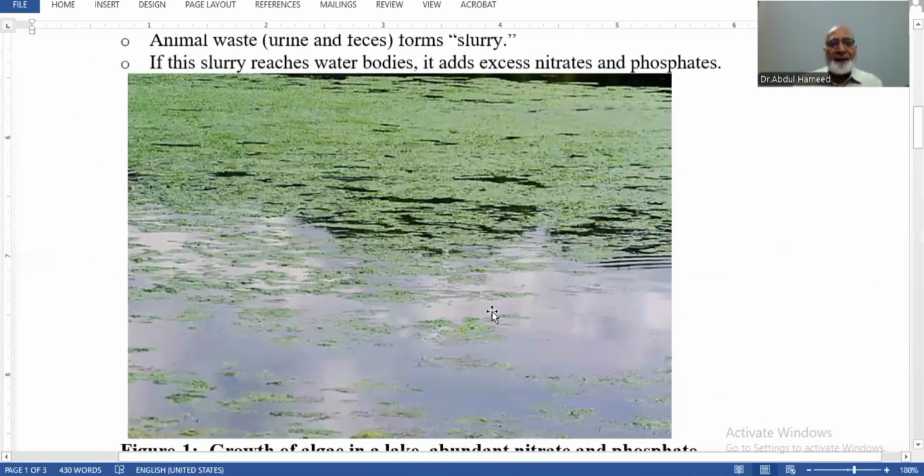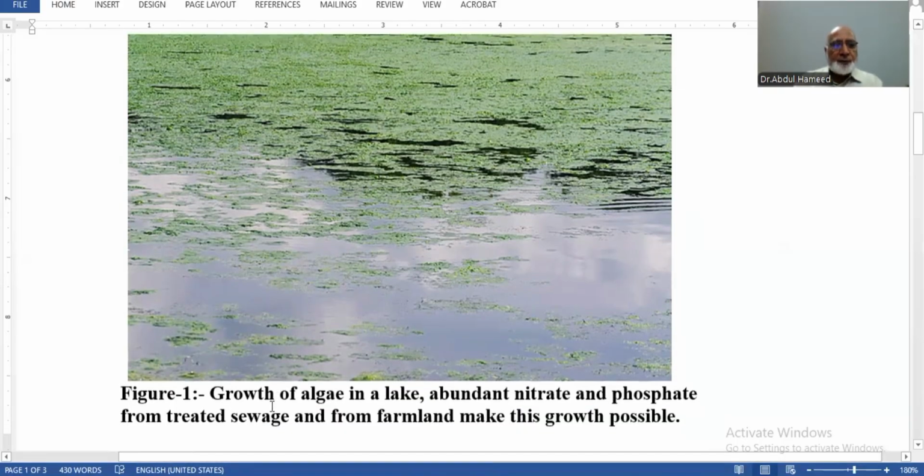There is pictorial evidence that this lake has nitrates and fertilizers in huge quantities, so there will be much more growth of algae and other aquatic photosynthetic organisms. Growth of algae in a lake, due to abundant nitrates and phosphates from treated or untreated sewage and from farmlands, makes algal blooms possible in those water bodies.